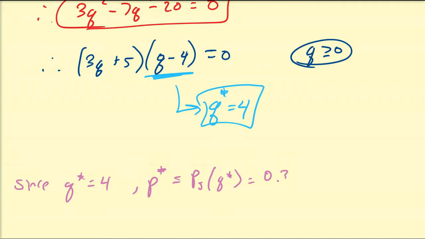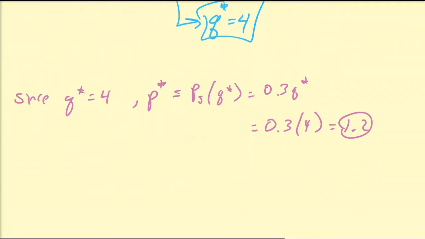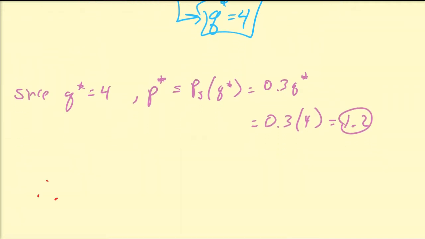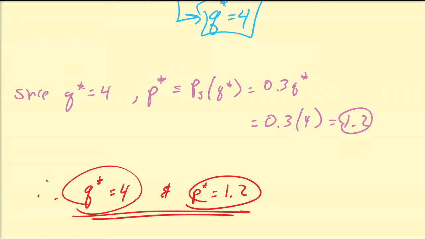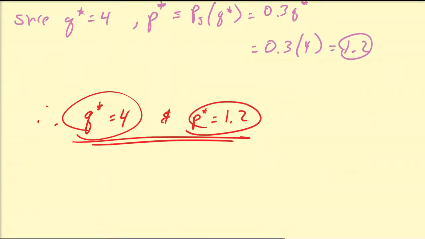That's going to be 0.3 times Q star, which is 0.3 times 4, and you can find that to be 1.2. So that means Q star is equal to 4, and P star is equal to 1.2. So that's our equilibrium pair.